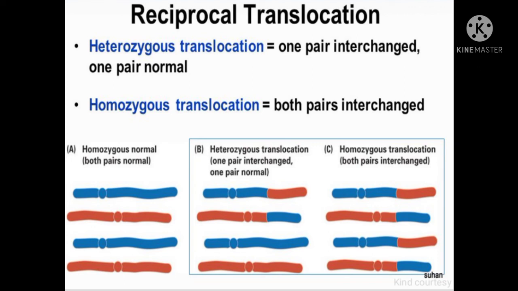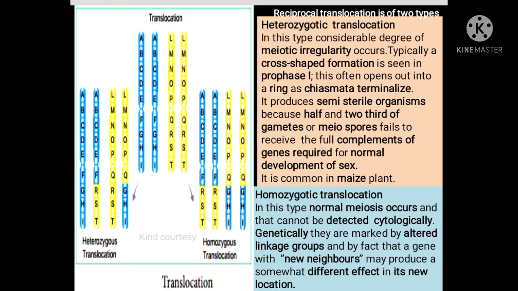In a homozygous normal, both the pairs are normal, but in a heterozygous translocation, one pair is interchanged and one pair is normal, while in a homozygous translocation, both the pairs are interchanged. Reciprocal translocation is of two types: the heterozygotic translocation and the homozygotic translocation.